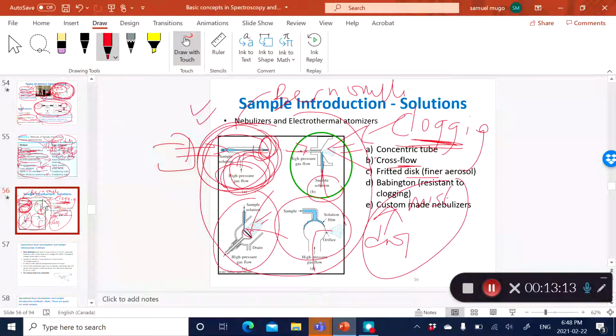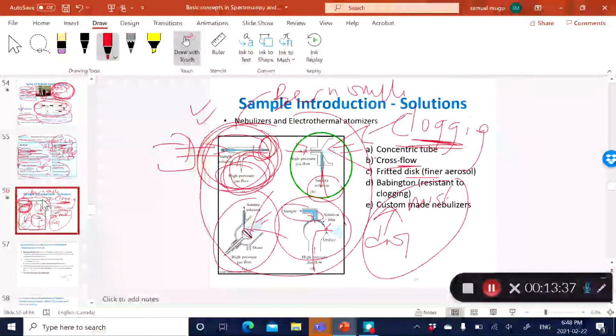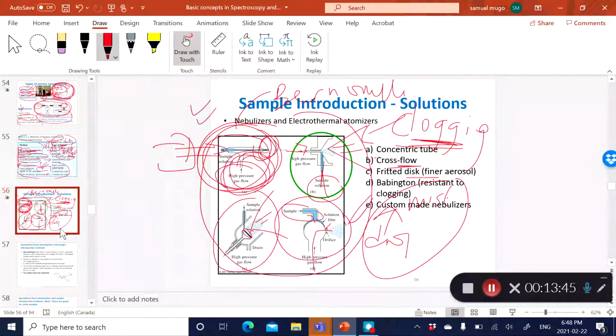Then you prick the balloon and make a small hole, and the gas makes a plume, and the sample is dropping or rolling on the ball, and as it gets to the orifice, it gets pushed out and split into a mist. So you can see all those are examples of different types of pneumatic nebulizers. And as you can see, the Babington is the most resistant to clogging.